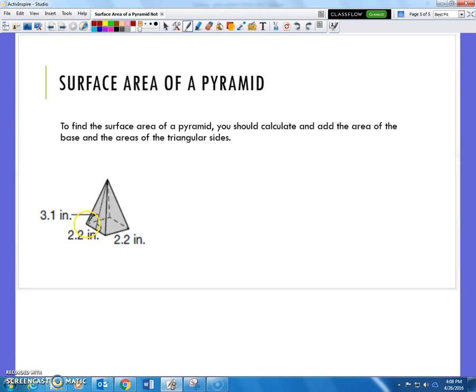And lastly, we have another pyramid, and it's a square pyramid. I have 2 lengths that are exactly the same. So to find the area of the base, I'm going to take 2.2 times 2.2, length times width. 4.84. And we're dealing with square inches this time. I also need to find the area of one triangle, using the base times the height divided by 2, times 3.1 divided by 2.